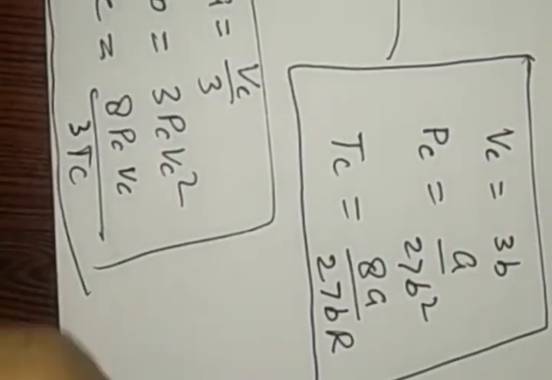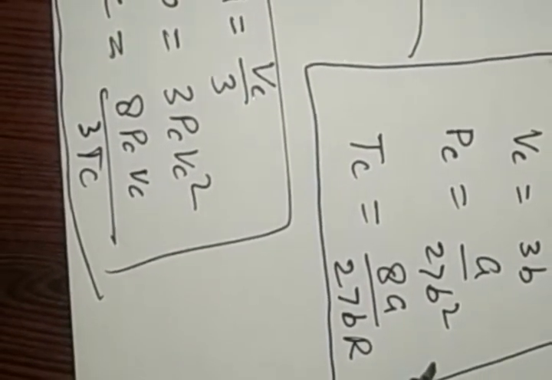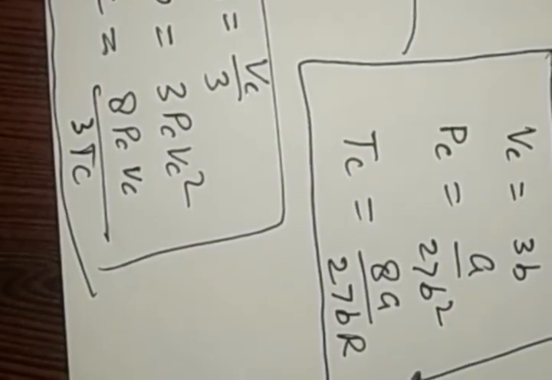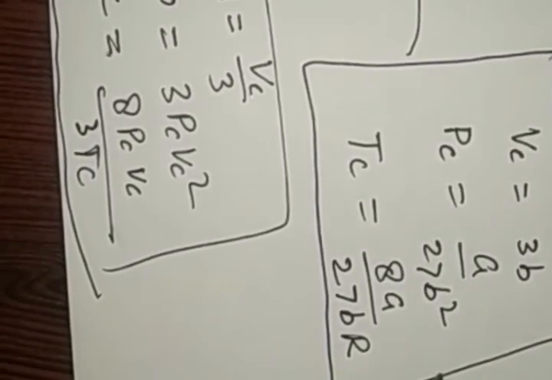So this is how the Van der Waals constants and the universal gas constant are connected with the critical temperature, critical pressure and critical volume of a gas.